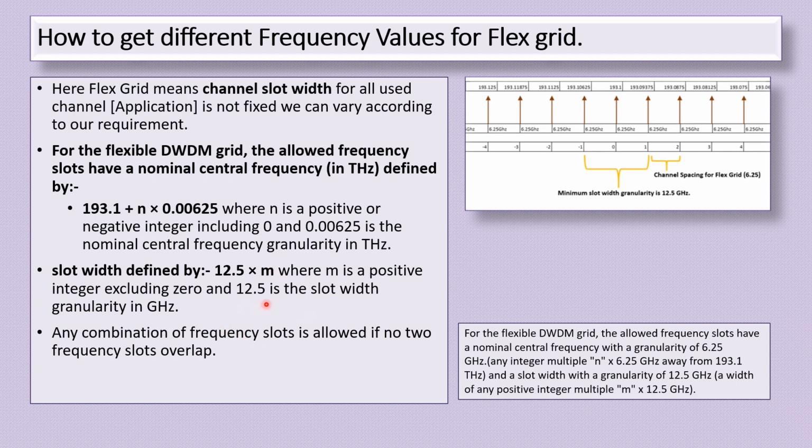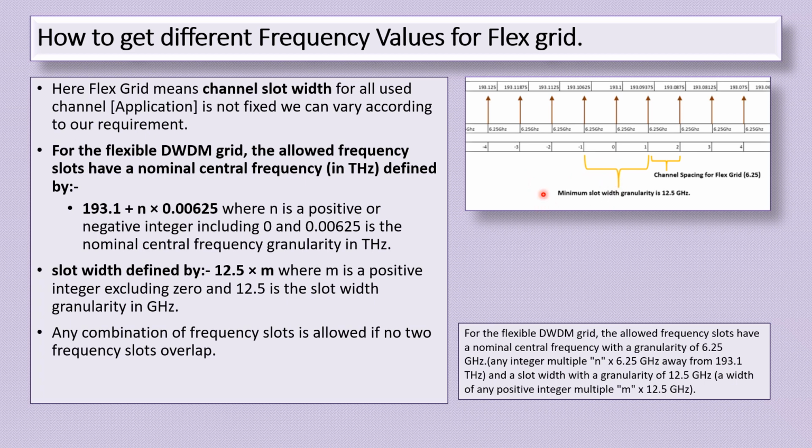So 12.5 is the slot width granularity in gigahertz, and this is the minimum when m is equal to 1. One more important point is that any combination of frequency slots is allowed if no two frequency slots overlap. So we need to choose the frequency and the slot width in such a way that two slot widths do not overlap with each other.